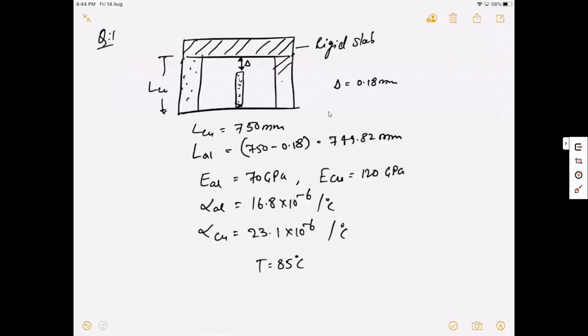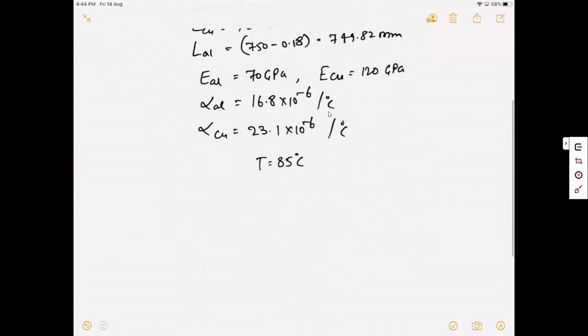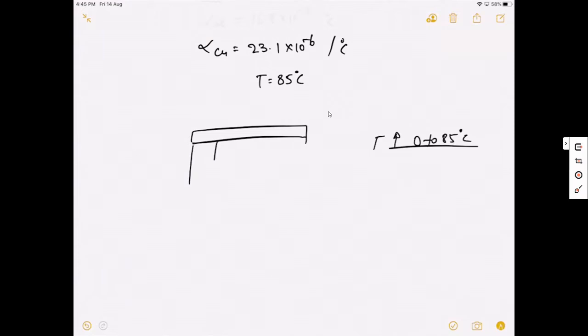This is my rigid slab, and the temperature is increased from 0 to 85 degrees centigrade.